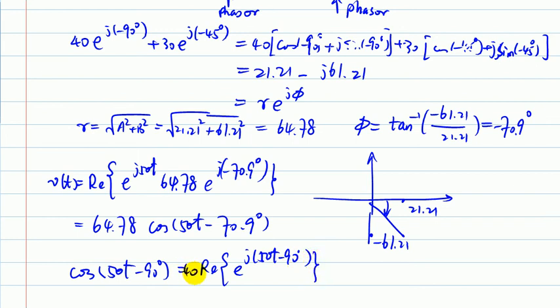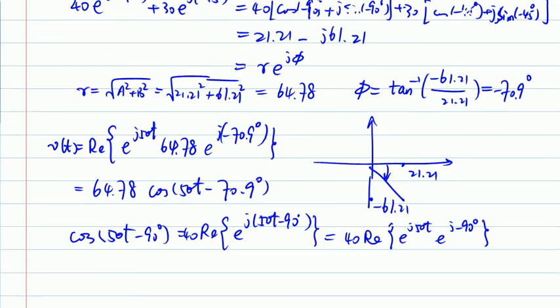Of course, there's a 40 here, real part, e^(j50t) and e^(j negative 90). If you put a 40 into it, that's fine.